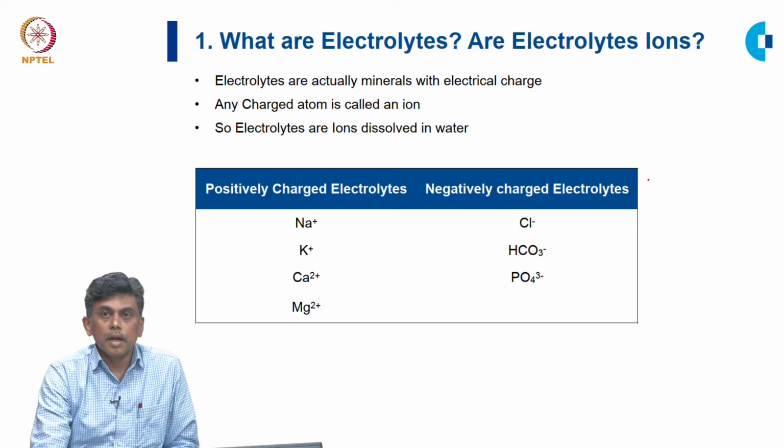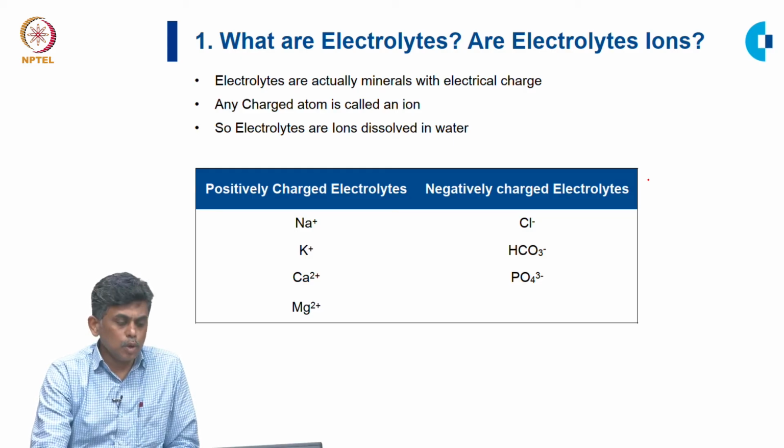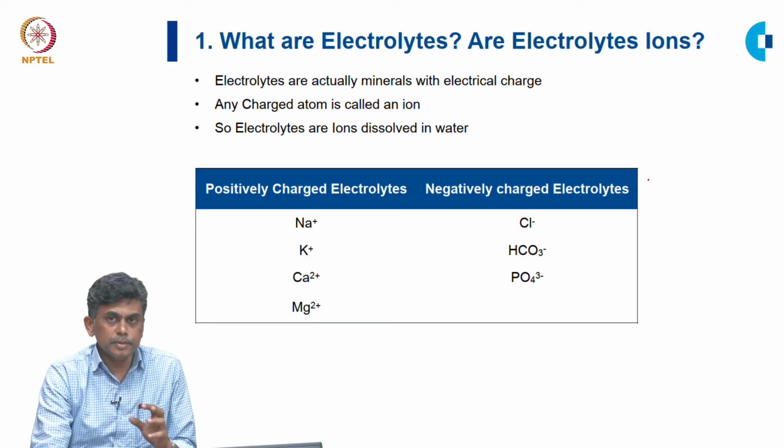Positively charged electrolytes are, for example, sodium, potassium, calcium and magnesium, and negatively charged electrolytes are chloride, bicarbonate and phosphate. To note, we are concerned with potassium and calcium, and both are positively charged electrolytes. Another point is that potassium is mainly an intracellular electrolyte, and calcium is an extracellular electrolyte.